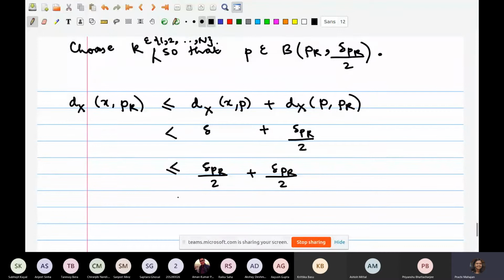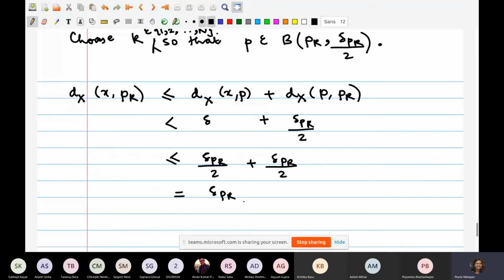So summing these, the distance between x and the point pk is at most delta pk by 2 plus delta pk by 2. Let me summarize: the distance between x and pk is less than delta pk. Is that okay?